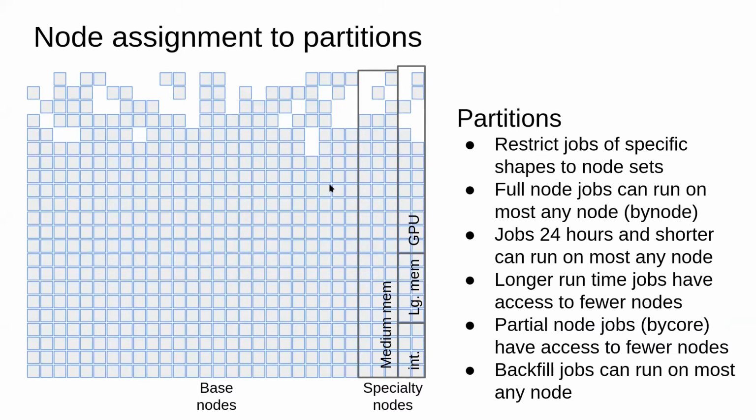So this image here is basically each square corresponds to a node. So here's a single node, and we'll call that the base node. There are also a smaller subset of medium memory nodes. There's a smaller subset of large memory nodes. And then there's another subset of nodes like GPU nodes that have different hardware components.